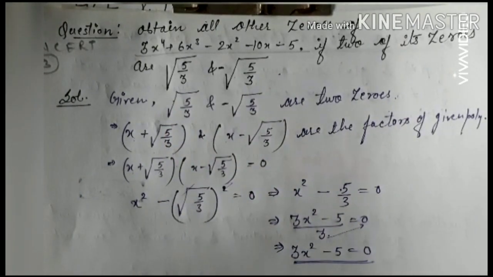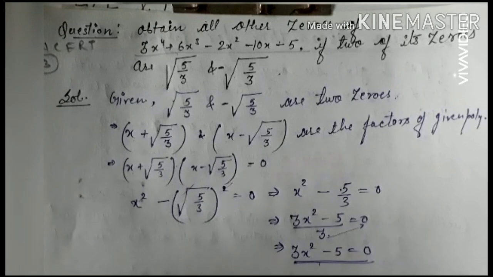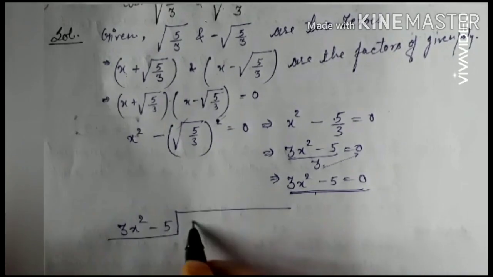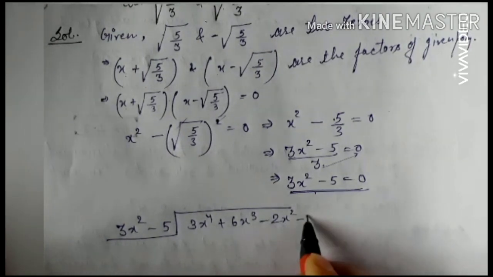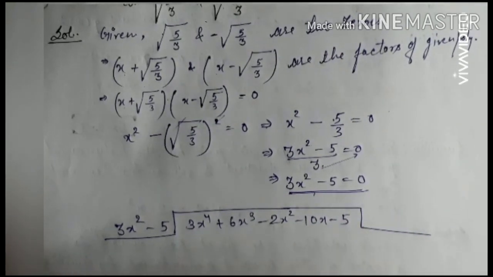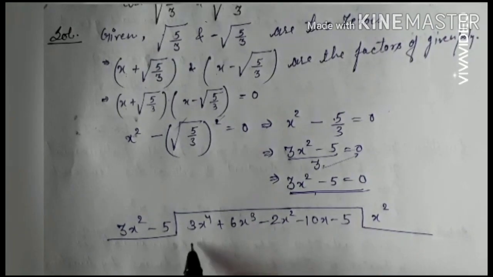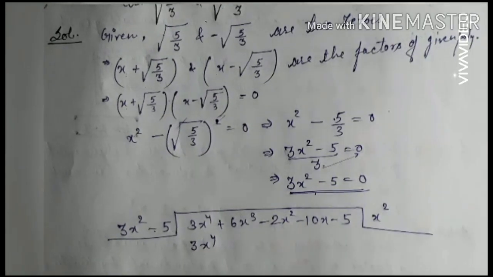Now to find the other two zeros, you will divide. This one now becomes your divisor and the polynomial your dividend. So now divide it. 3x square minus 5, you will divide 3x power 4 plus 6x cube minus 2x square minus 10x minus 5. How many times does it go? 3 and 3, same as here; x power 2 gives x power 4. So now it becomes 3x power 4 minus 5x square.